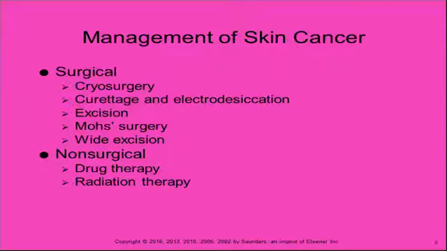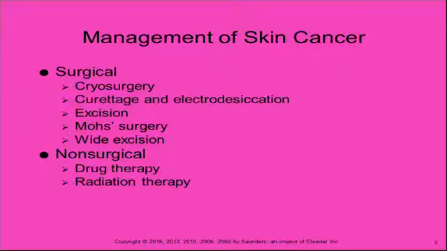You can excise the skin cancer, basically just take the entire thing off and put sutures in it and then send it for pathology. Mohs surgery is a specialized form of excision that they use primarily for basal and squamous cell carcinomas. It's where they actually section the tissue so that they can look at it underneath the microscope and see if there are any residual tumor cells left.